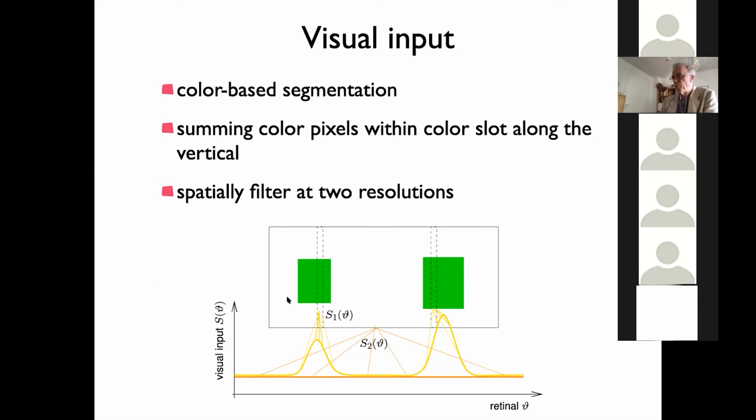And we actually had two spatial filters, one a high resolution filter that was for identifying the targets, and then a very broadly filtered input S2 that picks up whether both of these objects are pushed close. So this was like a boost to the resting levels with two spatial frequencies.